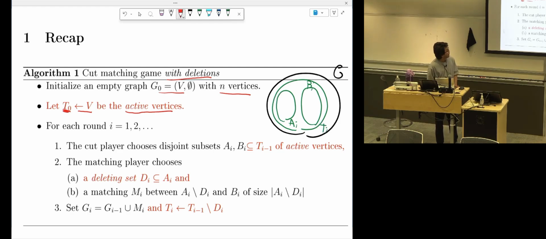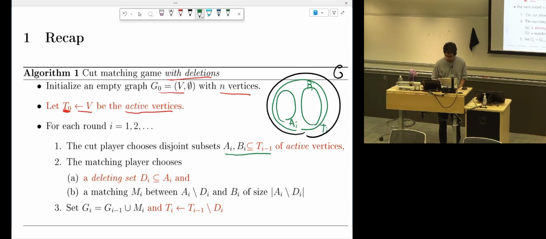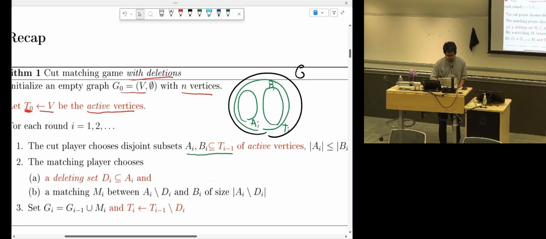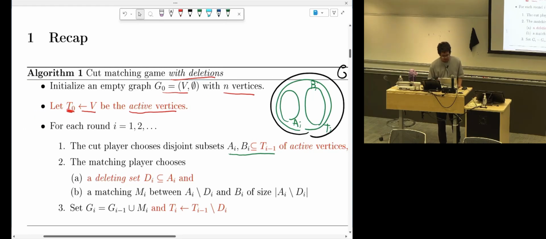Let's assume that AI is smaller than BI, but it doesn't really matter.